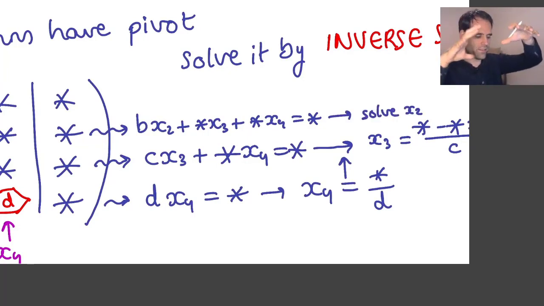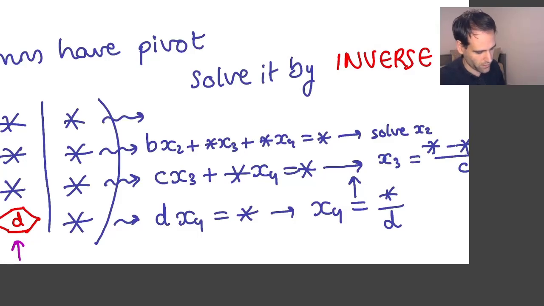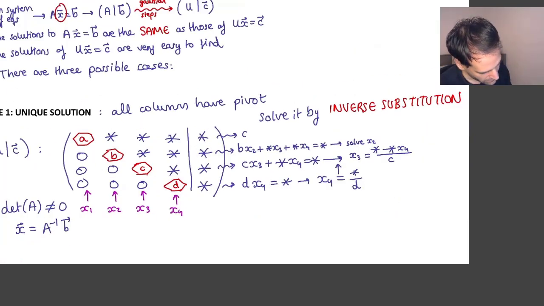Because we can move everything that is known to the right and then divide by b. So now we know x4, we know x3, and we know x2. So we can substitute them into the first row, because the first row is a times x1 plus some number times x2 plus some number times x3 plus some number times x4 equals some other number.